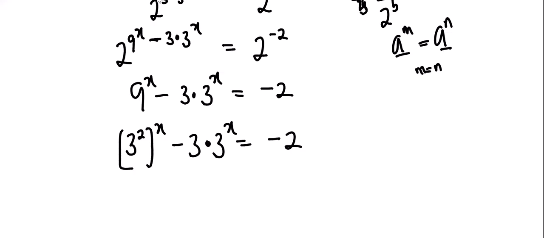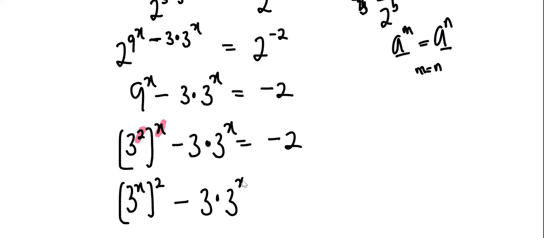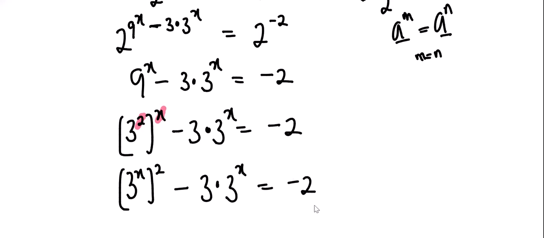From here, I can easily switch my 2 for x. So that is 3 to the power of x, 2 outside. This is also very correct using the rule of indices. And here I'm going to have 3 times 3 to the power of x equals negative 2.